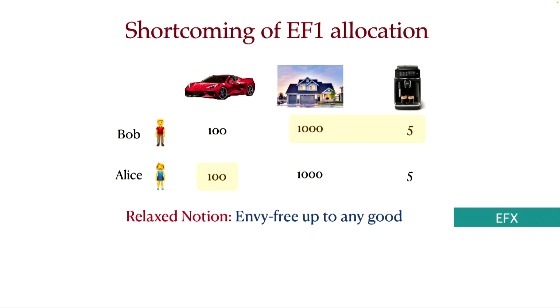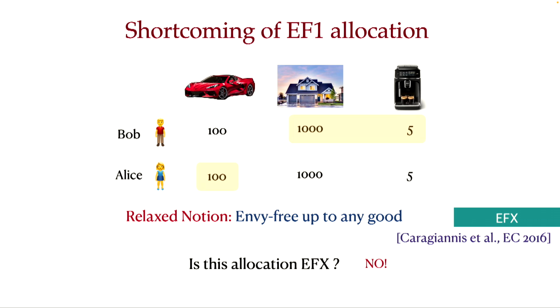So this notion is called EFX. Just one thing, X is not like a variable here, you should not think of EF1 and EFX that way. This was the confusion when I read these definitions for the first time. So this allocation is not EFX. This fairness notion was proposed in 2016.